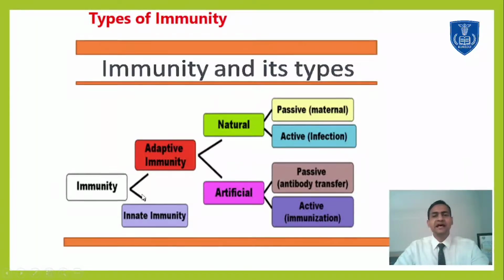Basically, there are two types of immunity: innate immunity and adaptive immunity. We are going to discuss adaptive immunity in detail in this session, but we must first understand innate immunity. The word innate is derived from two words: in, meaning inside the body, and nate, meaning since birth.